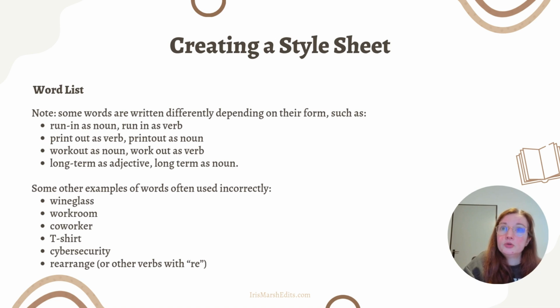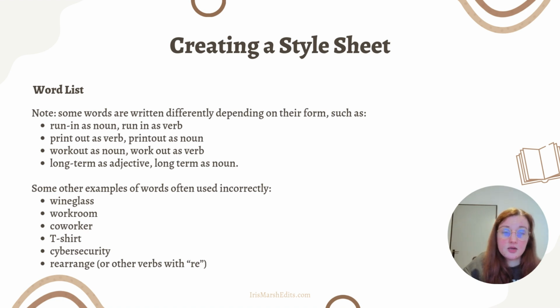And you will also want to note some words that are written differently depending on the form, like run-in as a noun, I had a run-in, or run in as a verb, I run in something. Print out as a verb or printout as a noun. Work out as a verb or workout as a noun. Yeah. Long-term as an adjective, but long term without a hyphen as a noun.